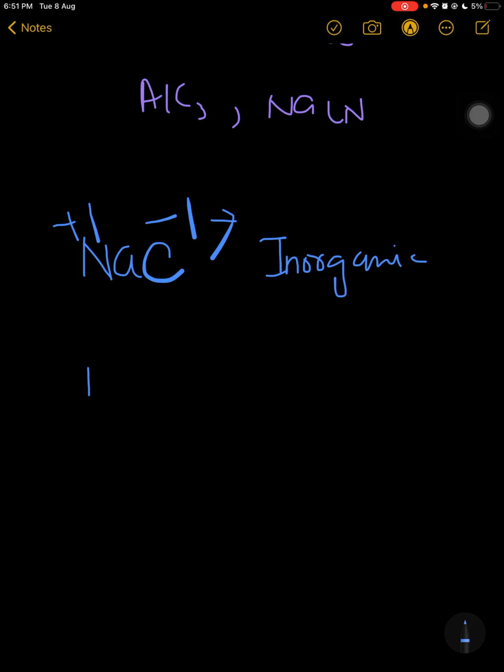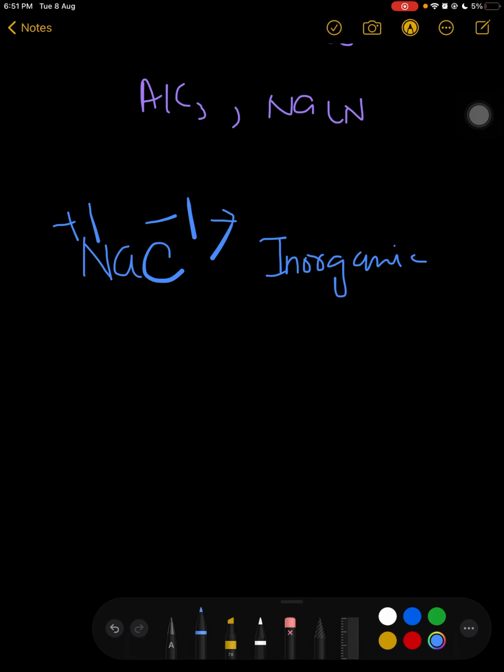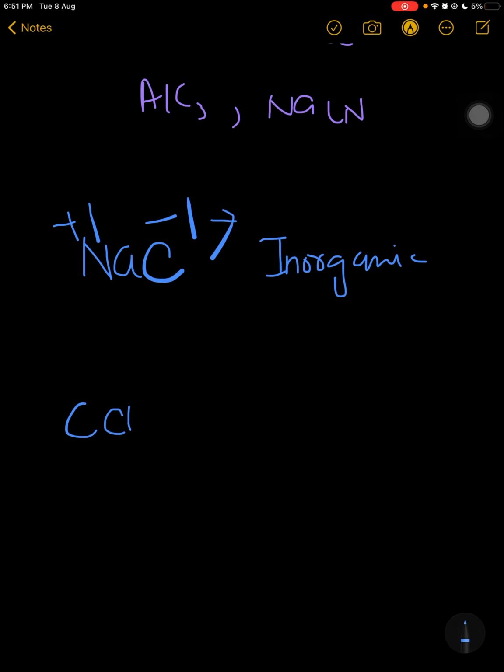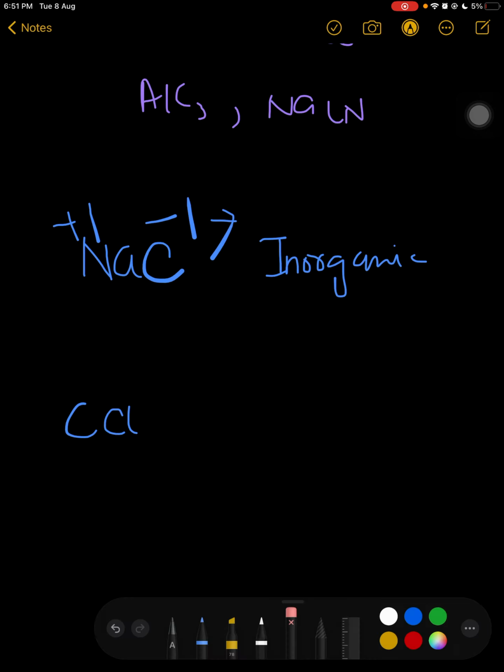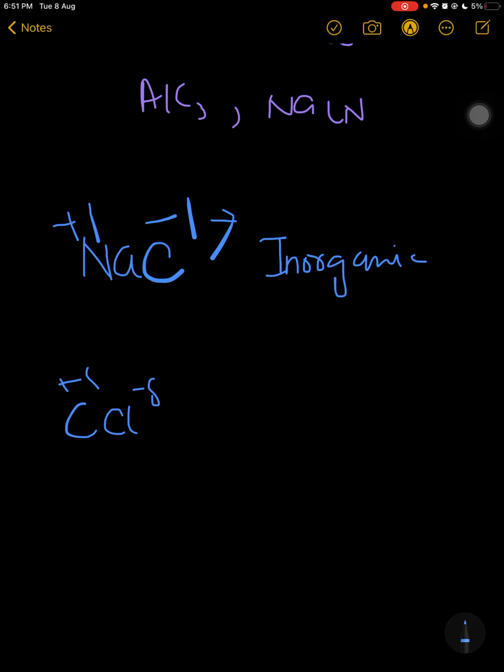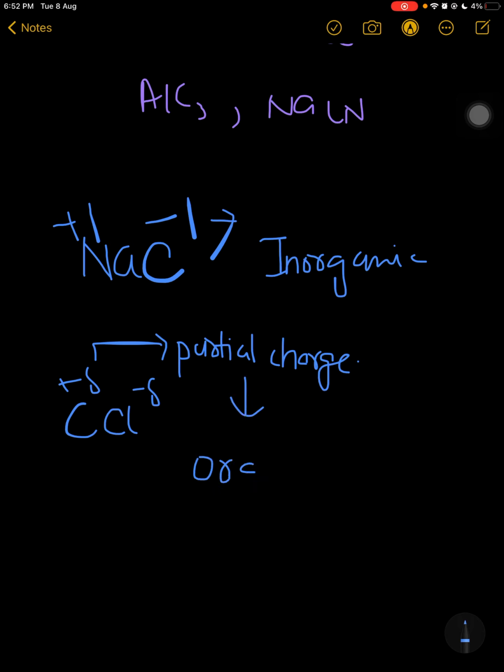But for example, if there is a compound like carbon chloride, here it is partial negative on chlorine and a positive partial charge on carbon. So this partial charge shows us that the carbon is organic, right?